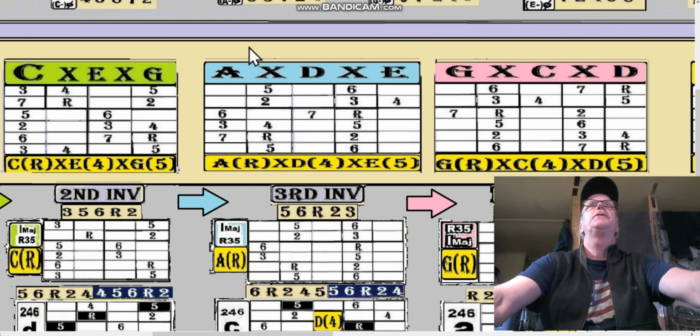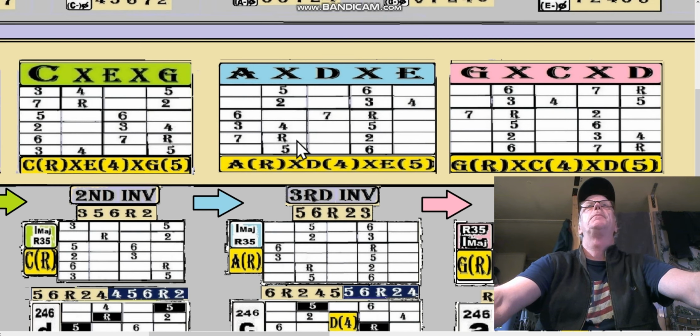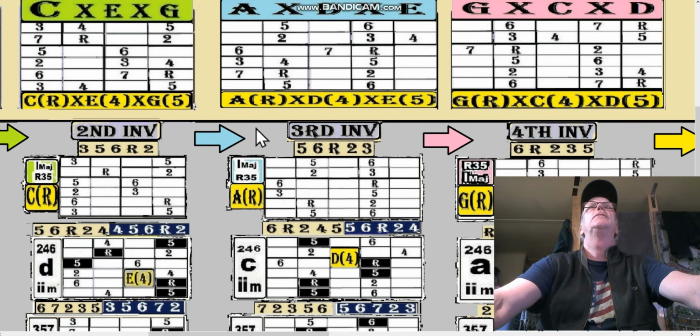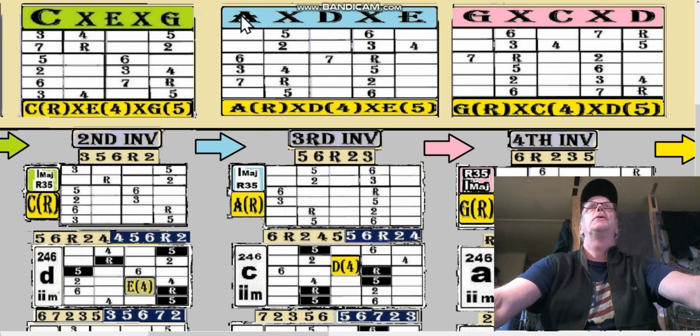Notice it says play the next cage up. So now we can do this cage here. The outer note, we're down here, but we want to show that this is the A cage. The outer 5 on this, which is the G in the key of C, becomes the A cage over here.